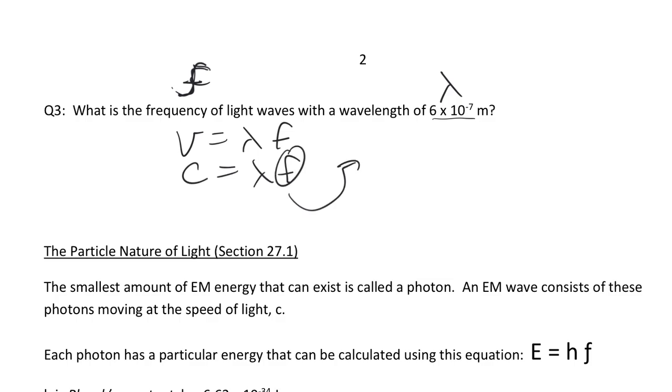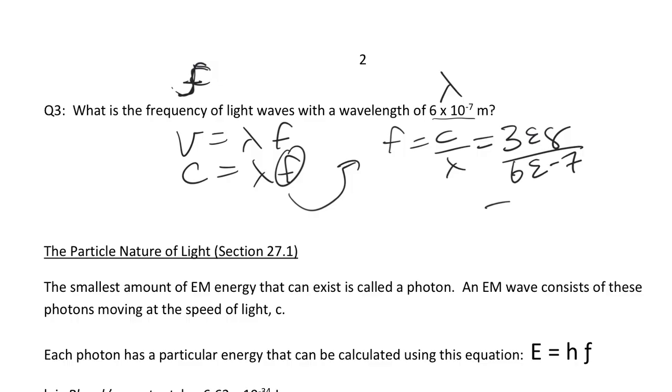So I'm solving for frequency. So let's rearrange the symbols. Frequency equals c divided by wavelength, which is equal to 3 e to the 8 divided by 6 e to the negative 7. And I get 5 times 10 to the 14th hertz.